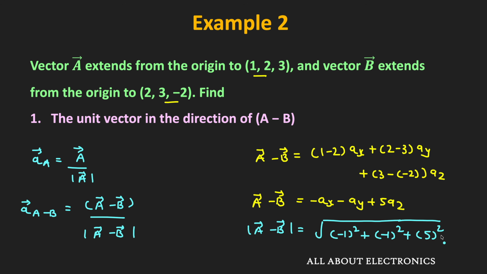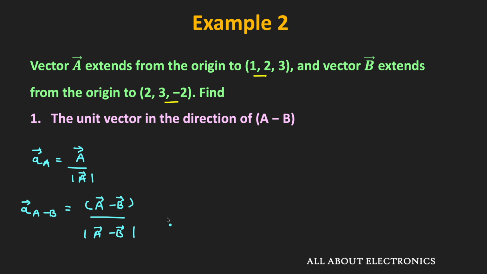If we calculate the value, it will come out as root 27. That means the unit vector in the direction of A minus B is equal to 1 by root 27 times minus ax minus ay plus 5az. And in this way, we got our unit vector in the direction of A minus B.